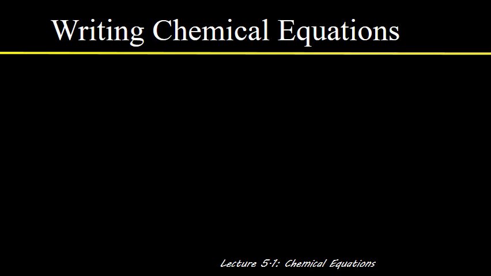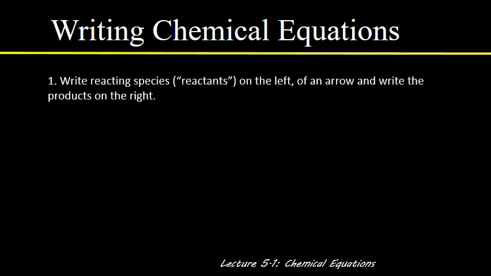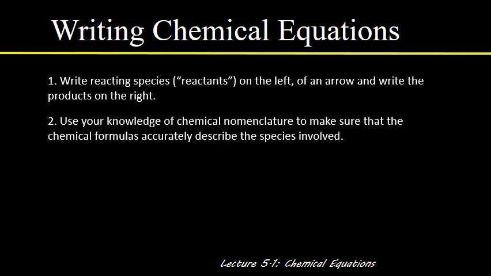All right, so when we're writing equations, here are the things we need to do. One is start by putting the reactants, that's the reacting species, on the left. We have an arrow, and then on the right, we write the products. Use what we've learned about chemical nomenclature to write the formulas correctly.